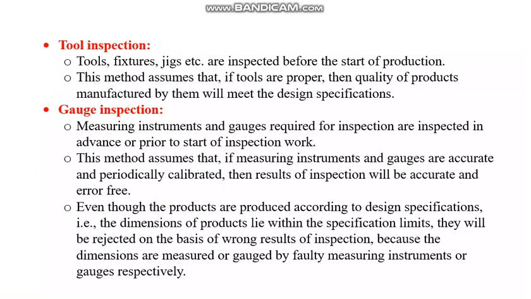Now, measuring instruments and gauges required for inspection are inspected in advance, prior to the start of the inspection work. This method assumes that if measuring instruments and gauges are accurate and periodically calibrated, then results of inspection will be accurate and error-free. See, what does calibration mean?